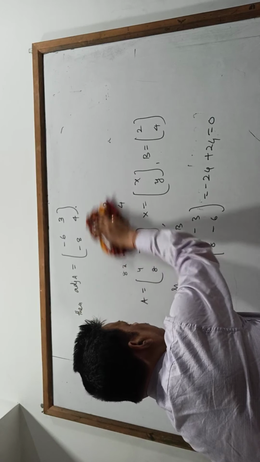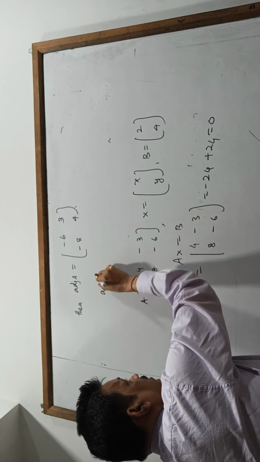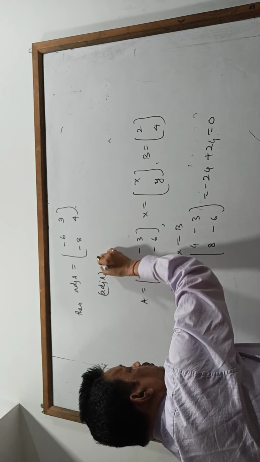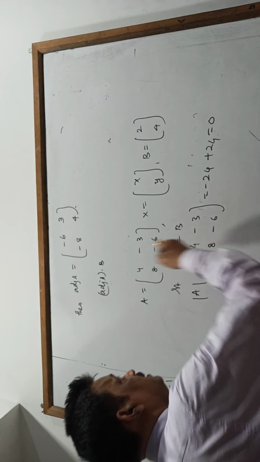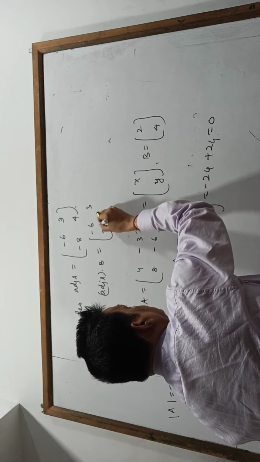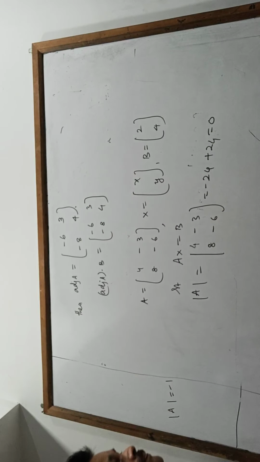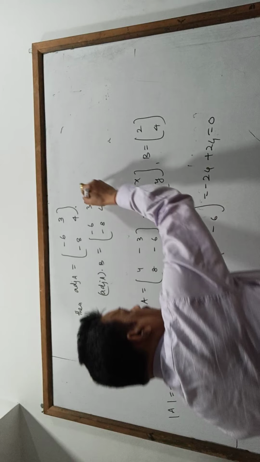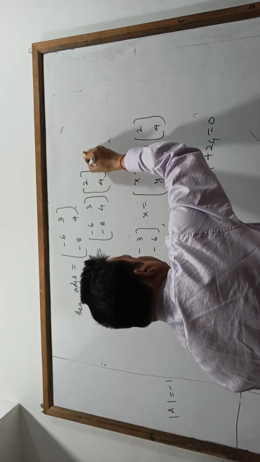Let's find adjoint of A into B. So adjoint of A into B means [-6 3; -8 4] multiplied by [2, 4]. What does it give?